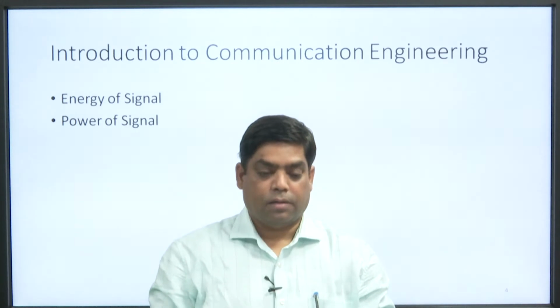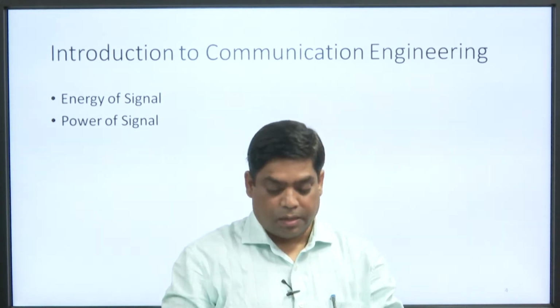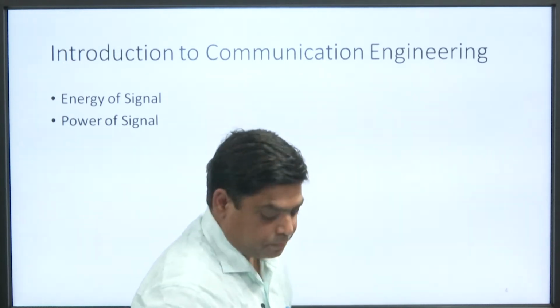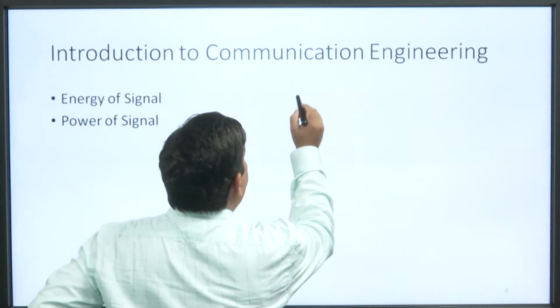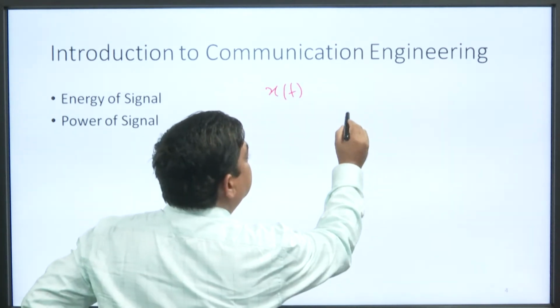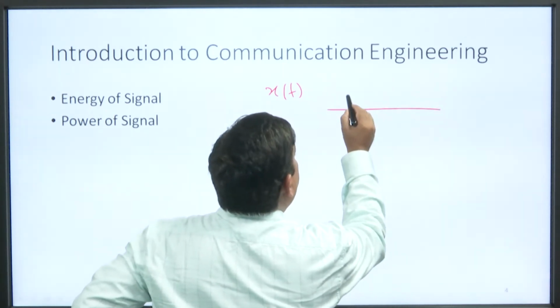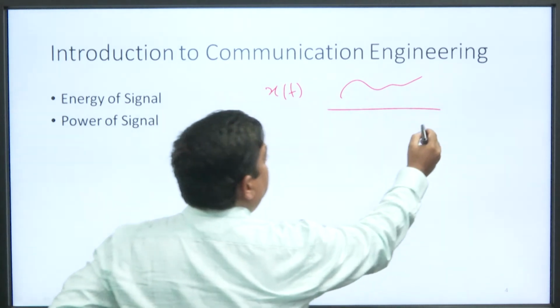Next, in the introduction to communication engineering, we will discuss the energy of a signal and the power of a signal. See, there is a signal x(t) in the continuous time domain.